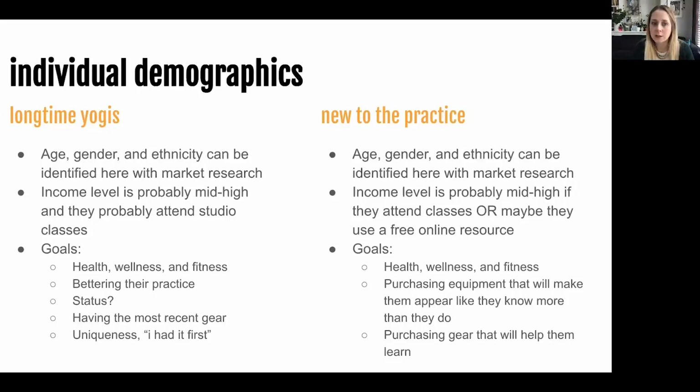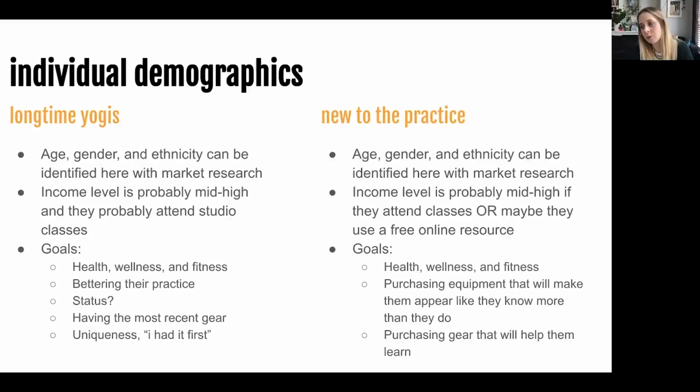And of course, some of this is going to be guesswork and some of this is going to be supported by market research, by doing some of that primary research that we talked about in the market research presentation, where maybe you are a secret shopper and you go to a yoga studio and you can gauge what cars are people climbing into after yoga? What product line are they typically bringing?